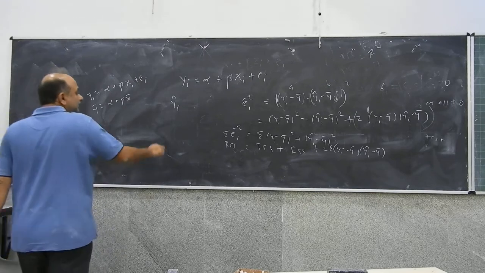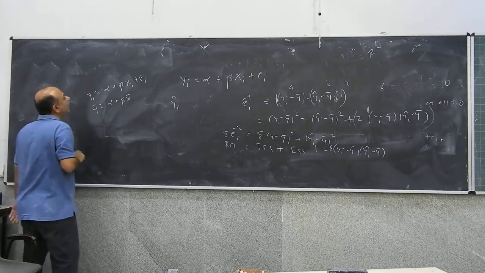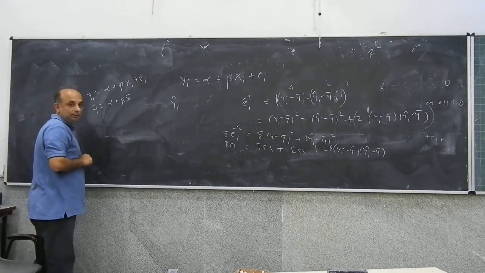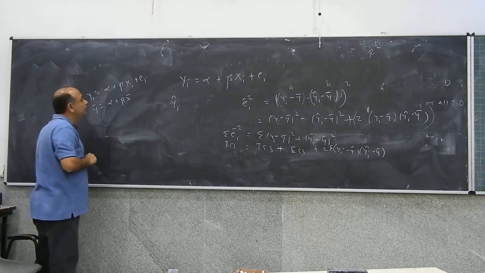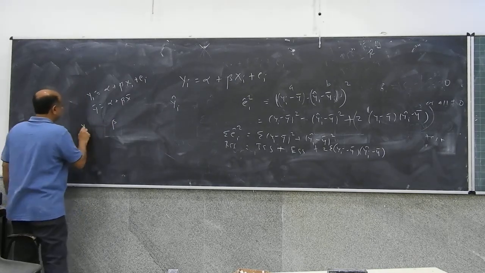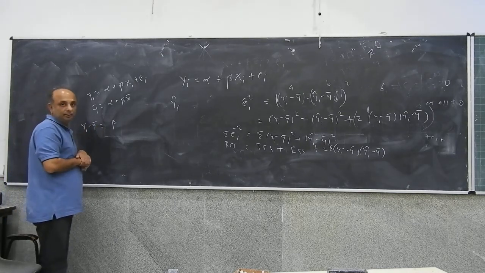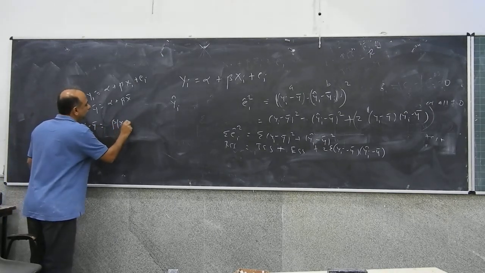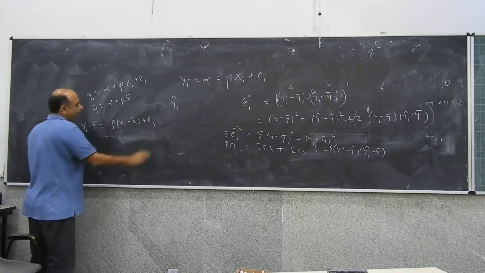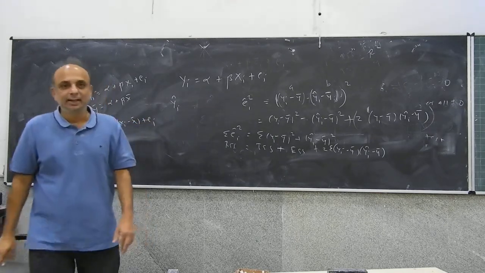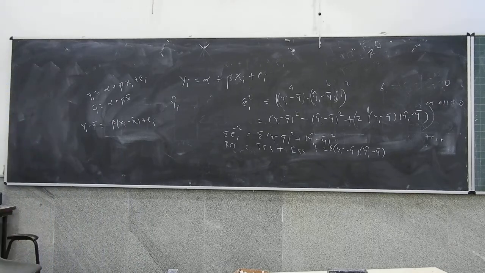So, what is the first term there? yi minus y bar will be what? If you subtract, yi minus y bar is equal to beta xi plus ei minus beta x bar. That is beta times xi minus x bar, plus ei. So try to substitute it there and see whether you get some answers.